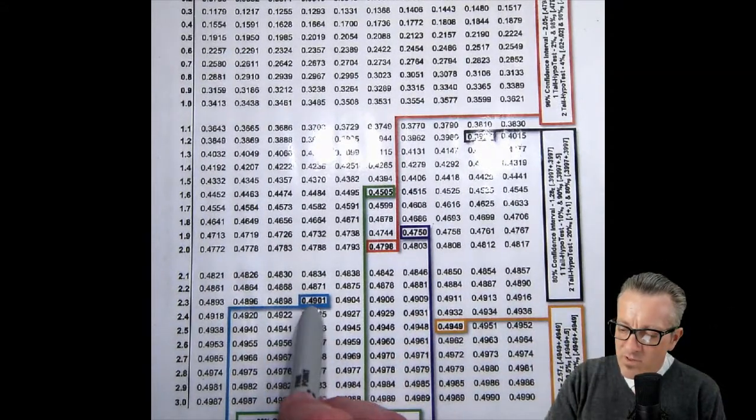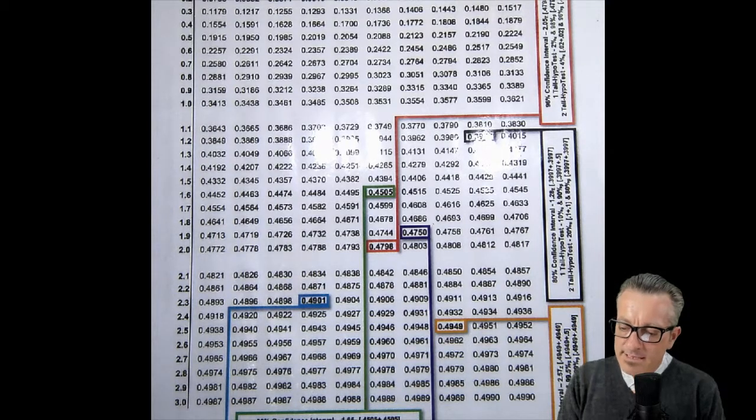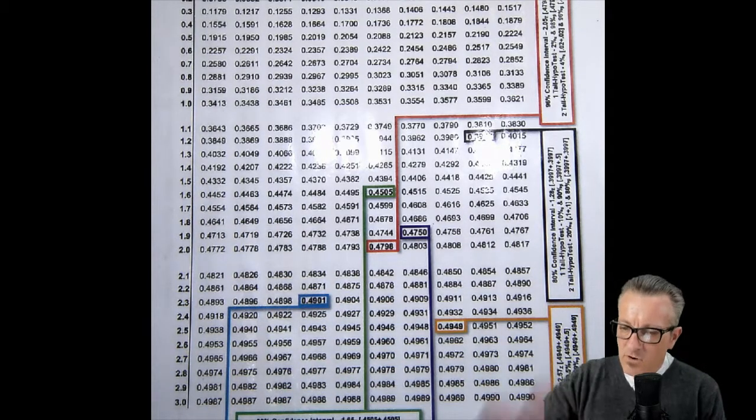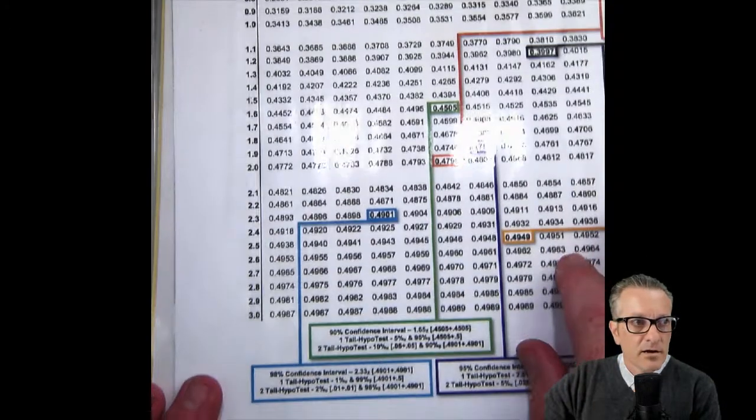So if we have 0.4901 as the beta on each side, which means it's the part in the middle of the distribution, that leaves us with about 0.01 on each tail, which is what we're looking for. And that's what I have written down here.